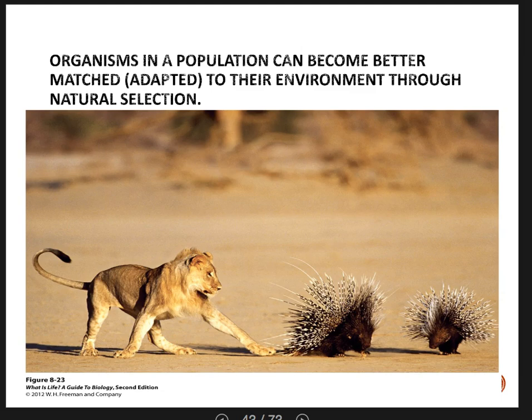Adaptation refers to both the process by which an organism becomes better matched to the environment, but it also refers to the specific feature that makes that organism match their environment better. So we could say that the process of adaptation led to the adaptation of these quills. That is one of the very confusing things about the word adaptation.